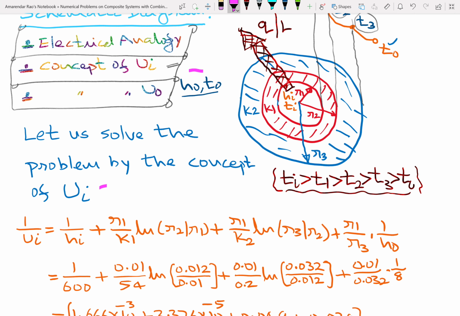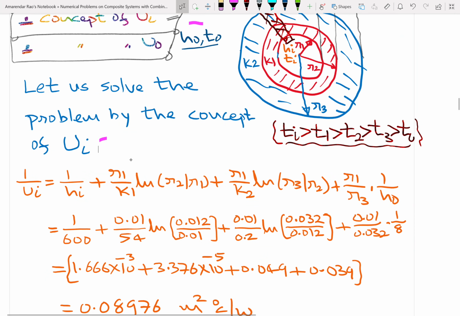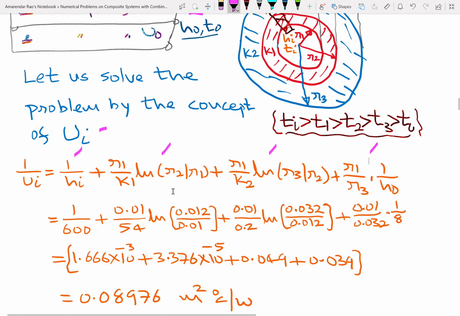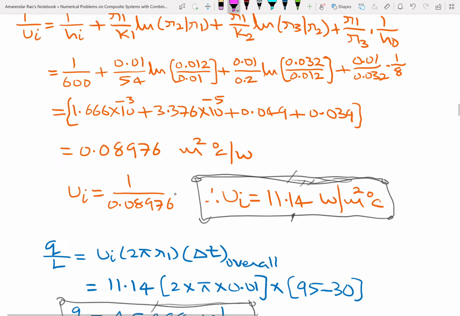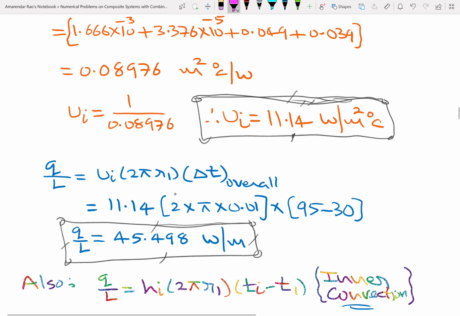Then we know that for a radial system, 1 by Ui is equal to 1 by Hi plus R1 by K1 log R2 by R1 plus R1 by K2 log R3 by R2 plus R1 by R3 1 by H naught. You can see four terms: inner convective term, conductive term of steel, conductive term of asbestos, outer convective term. Then when you substitute the entire data, you notice that your 1 by Ui is 0.08976 in reciprocal units of U, meter square degree centigrade per watt, and Ui is going to be 11.14 watts per meter square degree centigrade.